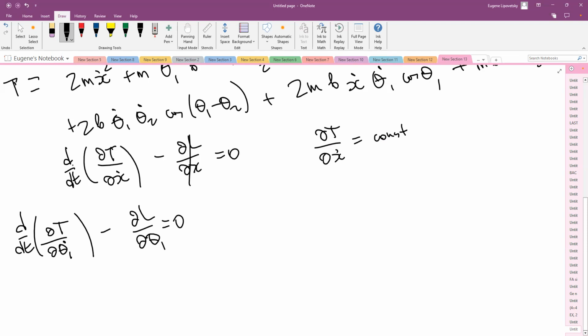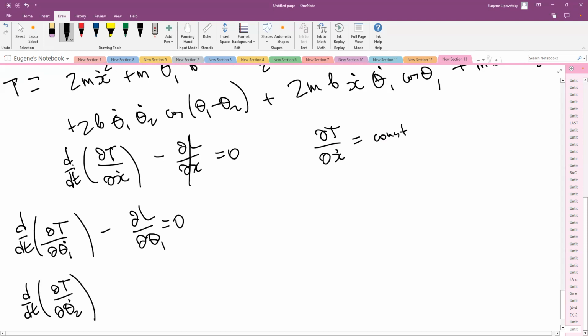And then the next one will be d over dt of dT over d theta 2 dot minus dL over d theta 2 equals 0. So you have to do the derivatives. Does it clear up your picture? Yes, thank you. All right, good.